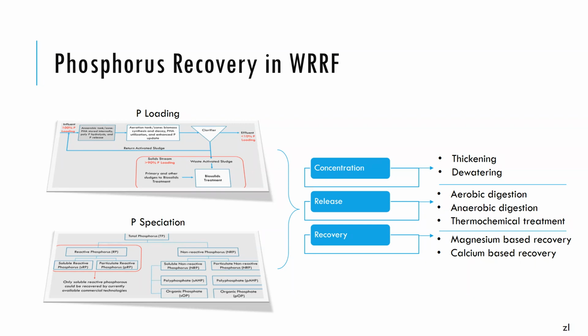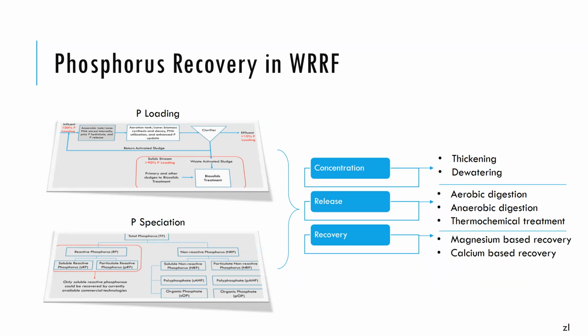Because of that, a certain level of phosphorus has been released from the biomass, and that is not good. That is actually a disadvantage for the side stream treatment process because the released phosphorus, if not controlled well, will form precipitation on process equipment and process piping, which can cause huge damage to process equipment or significant maintenance effort on process pipes.